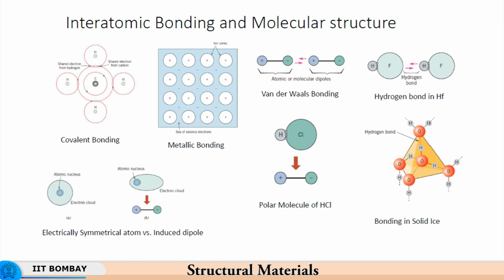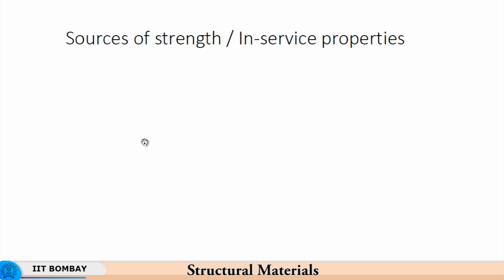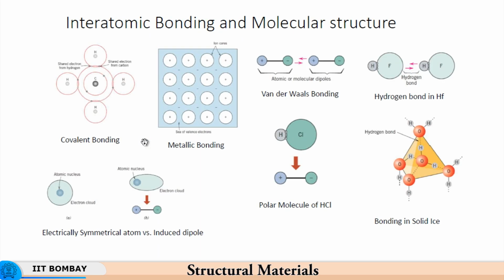As we have seen here, the strength is designated by a number of properties which we saw earlier, and the structure that is formed is a result of the arrangement of atoms in a specific way, and the interatomic bonding that keeps them together is the source of strength. If this bonding were not there, the atoms would just get scattered and would not remain in position, but what keeps them in position is the metallic bond over here.